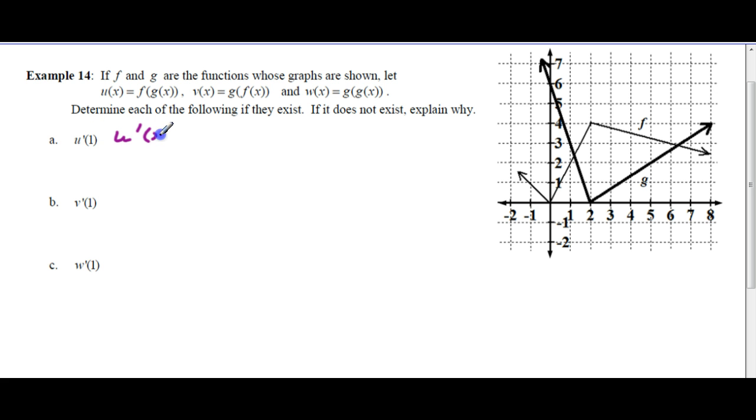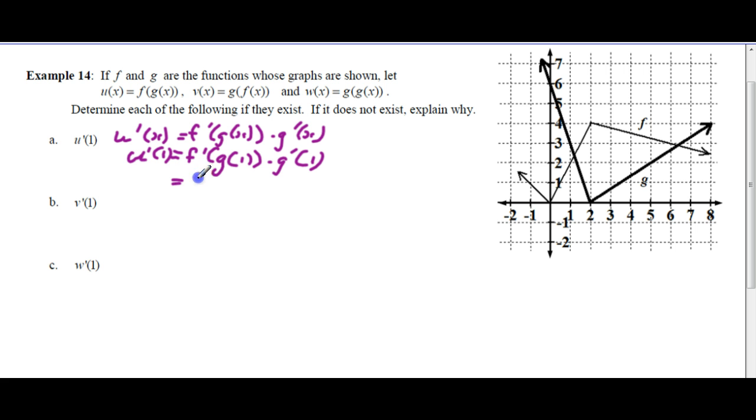Let's do u prime of x, which will be f prime of g of x times g prime of x, and u prime of 1 is f prime of g of 1 times g prime of 1.